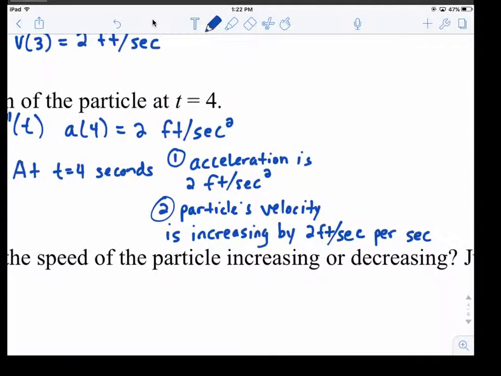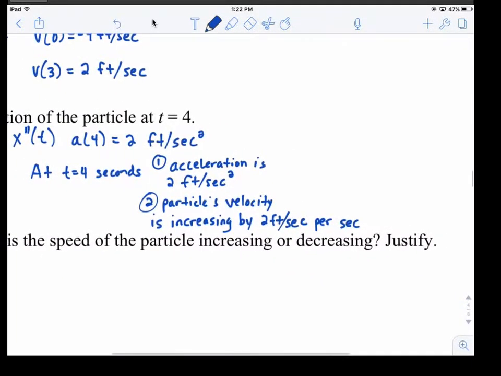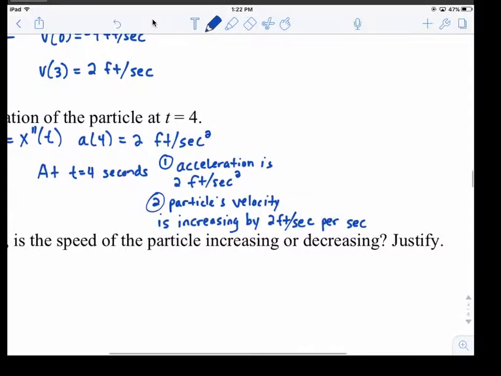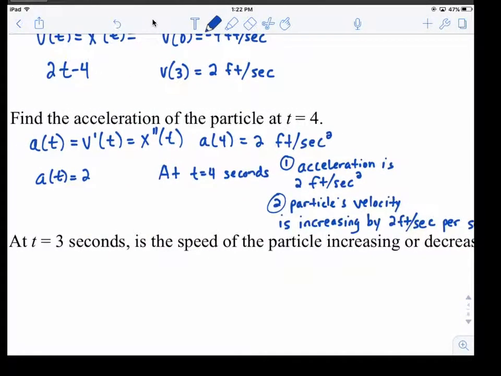Now, if your velocity is 0, then it's at rest. So we figured out the acceleration was just 2. So no matter what value of t I plug in, it's always going to be 2.